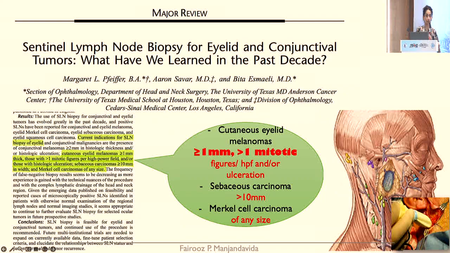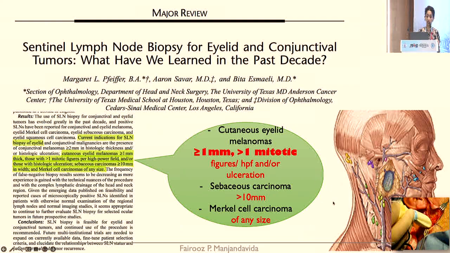Now, going on to the last one, what is the indication of sentinel lymph node biopsy in the management protocol? Yes, it is indicated for cutaneous eyelid melanomas of more than 1 millimeter, sebaceous gland carcinoma of more than 10 millimeters, and Merkel cell carcinoma, which is the most lethal eyelid tumor, of any size.